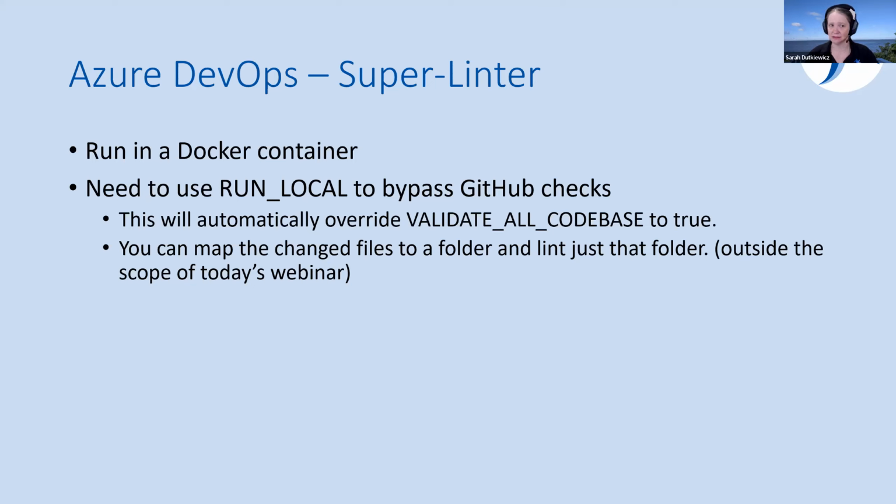Something to note, this is the gotcha that I ran into when I first was working with it, is that validate all code base is set to true, which means it is going to validate your entire code base, unless you tell it to go to a folder. Then you can pass in a -v with the path of the things that changed.